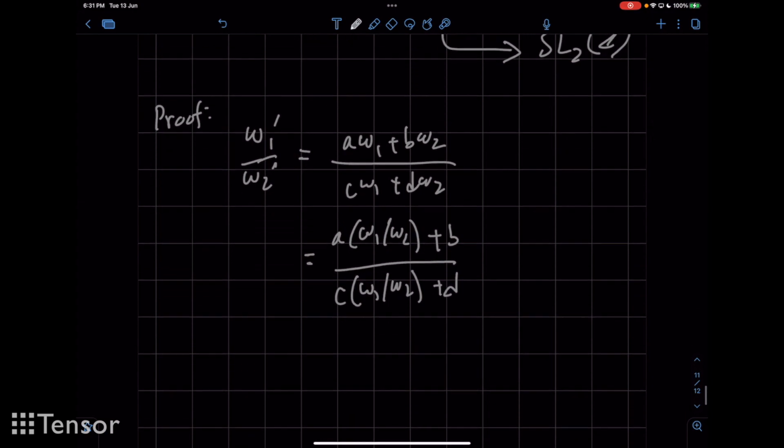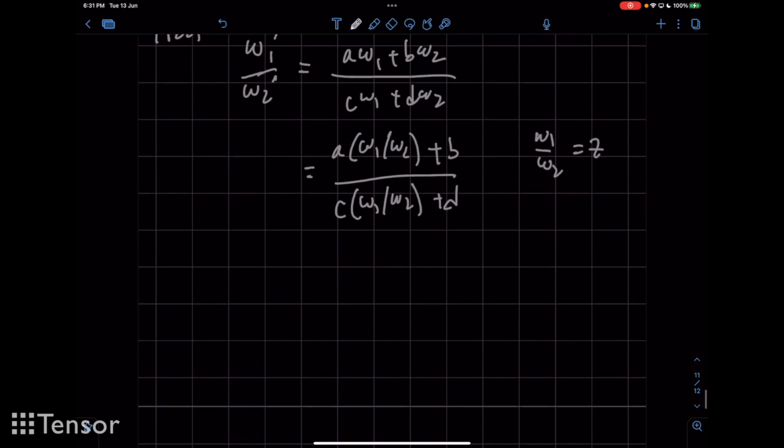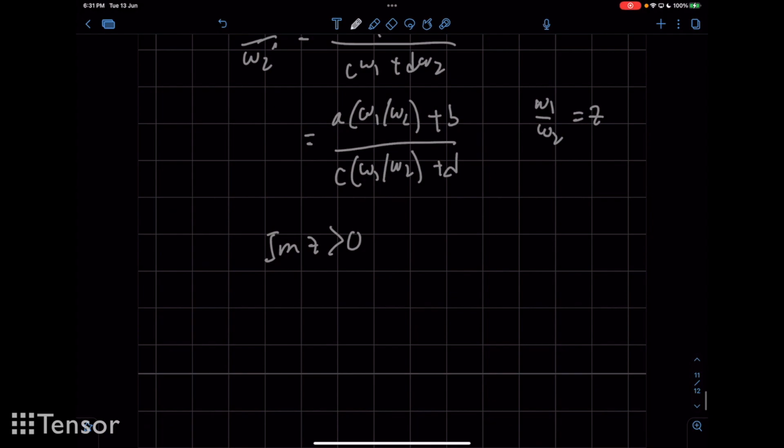And for simplicity, we are writing omega 1 by omega 2 equals z. So we know that the imaginary part of z is positive. Now we are going to see what the imaginary part of az plus b over cz plus d is.